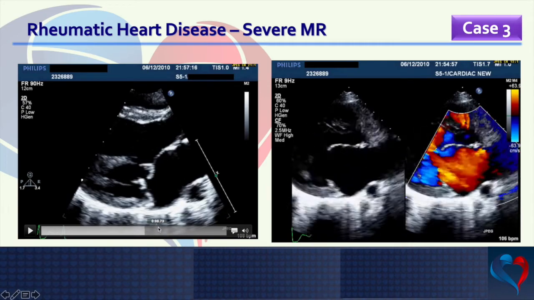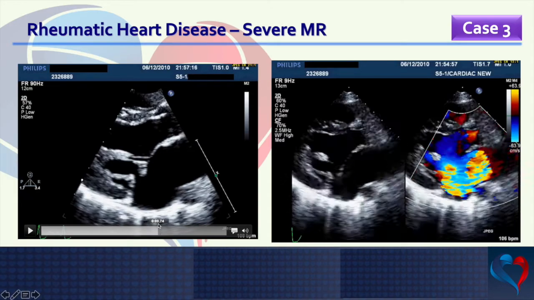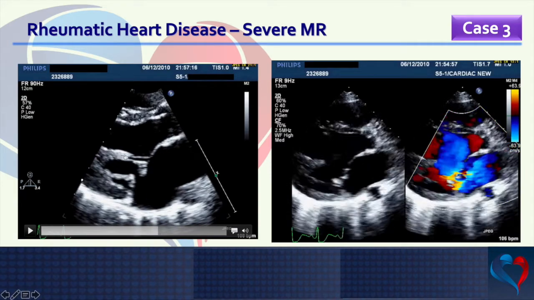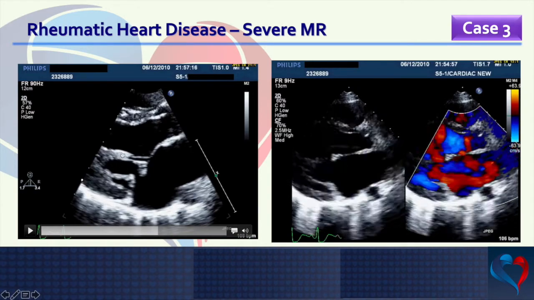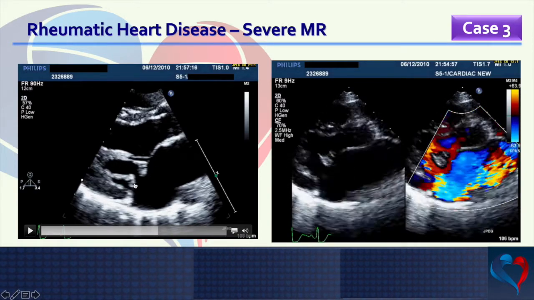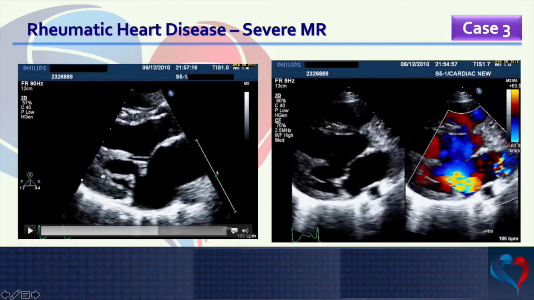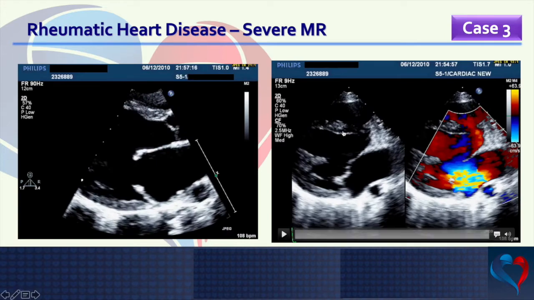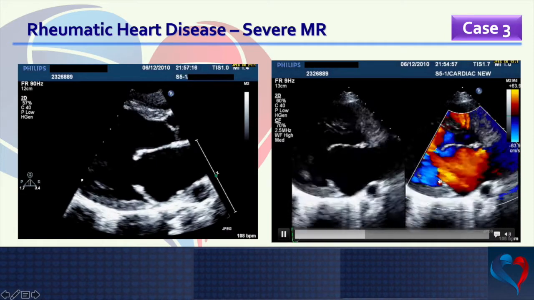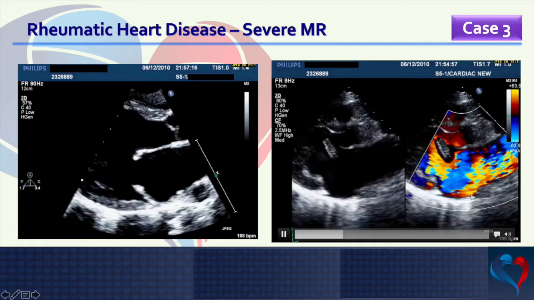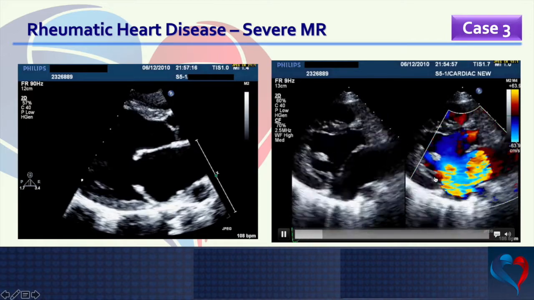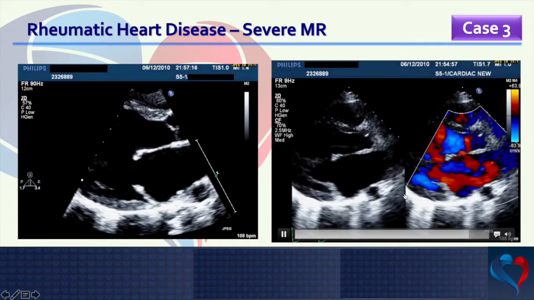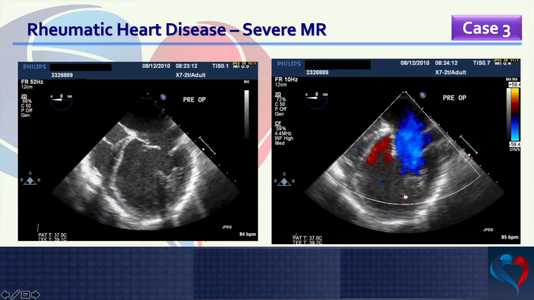In addition, you can see the thickening of the chordae, both chordae for the anterior mitral valve leaflet and posterior mitral valve leaflet. So these are all features of rheumatic heart disease. When we look at the color Doppler here, you can see a posterior directed jet with wide vena contracta. So this patient has severe mitral valve regurgitation.